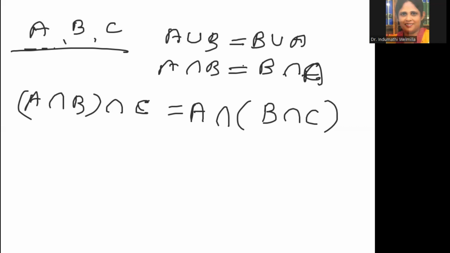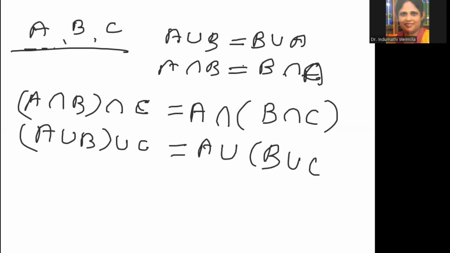According to the associative property, if we have 3 sets A, B, and C, then A union B union C always equals A union B union C, right?